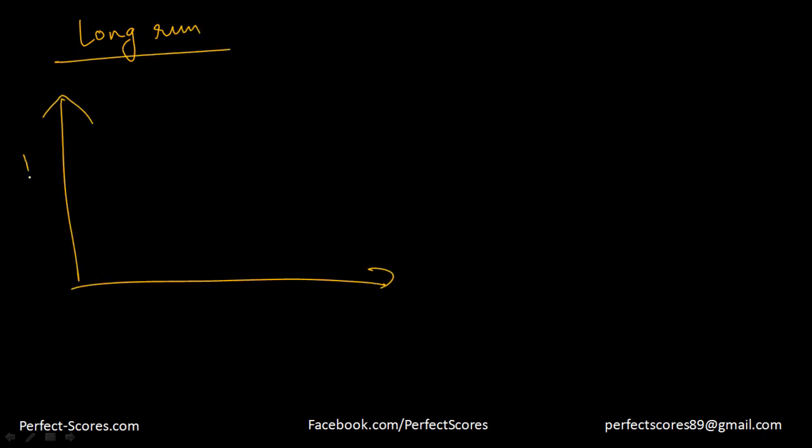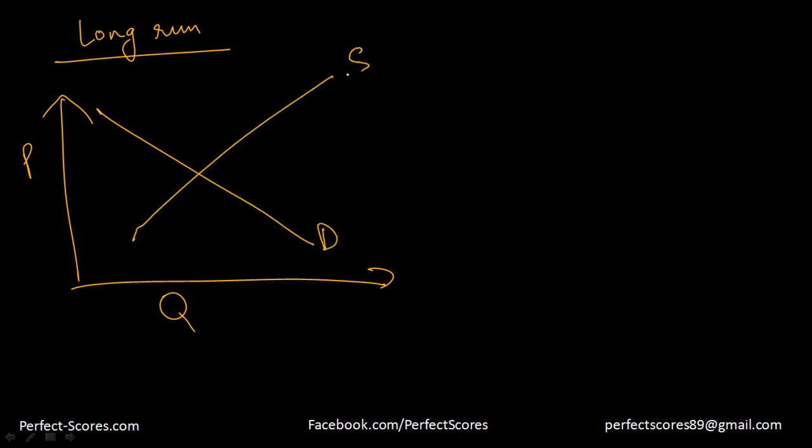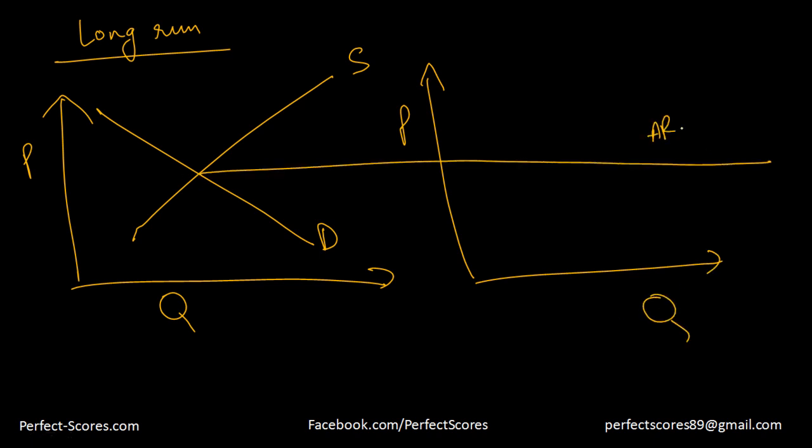So what happens in the long run for the firm? In the long run, this is what happens. This is the price, this is the quantity, this is the demand, this is the supply, and again this is the price, this is the quantity, and this is going to be my average revenue equal to the marginal revenue curve. This is going to be my marginal cost, right?